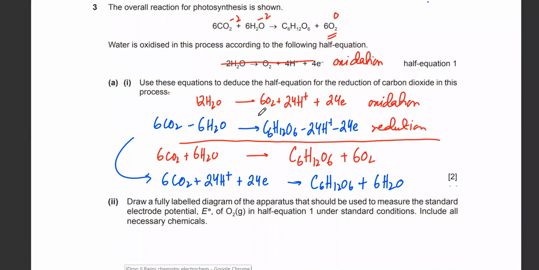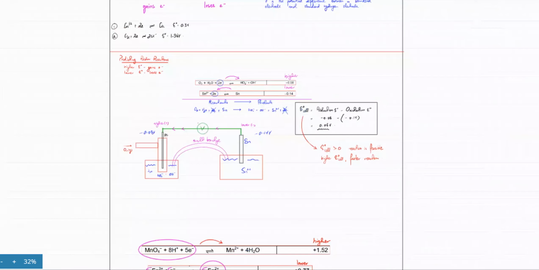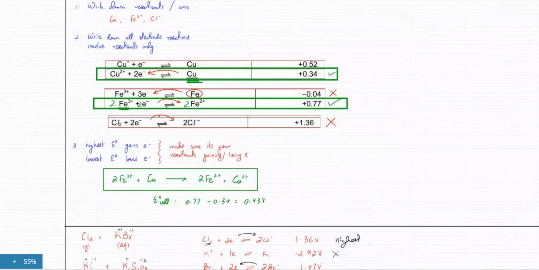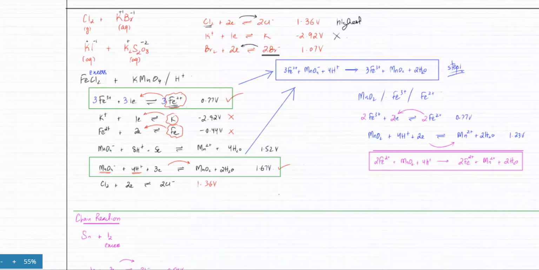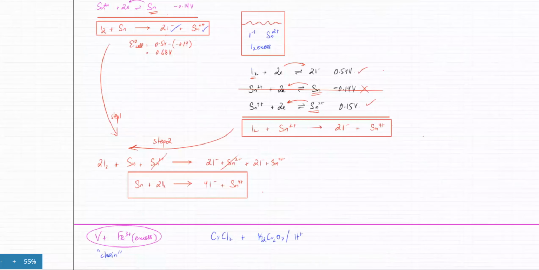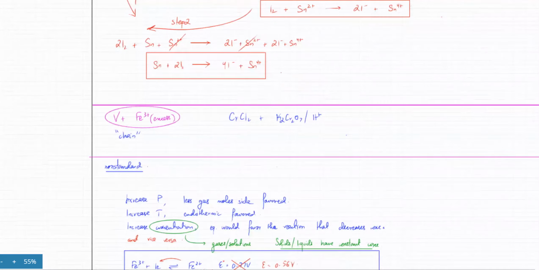But sometimes what will happen is that you're going to have an oxidation reaction and a reduction reaction, and the final equation would be a lot simpler because things would get cancelled out. We did one of them, the chain reaction. Although it was multiple reactions, when you added them up, things got cancelled out.